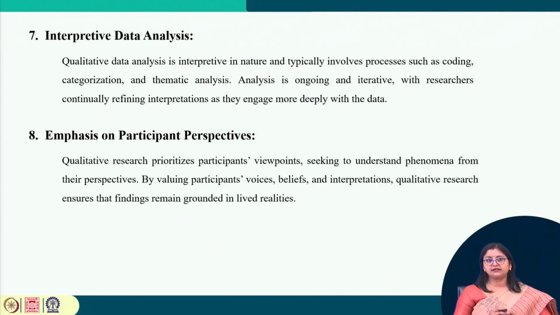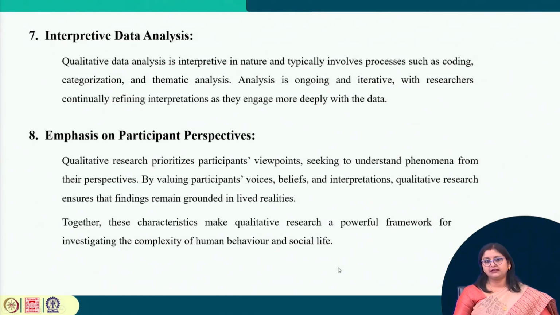Qualitative research prioritizes the participants' viewpoints, seeking to understand the phenomena from their perspective, and by valuing participants' voices, beliefs and interpretations, qualitative research ensures that findings remain grounded in lived realities. Together, these characteristics make qualitative research a powerful and impactful framework for investigating the complexity of human behavior and social life.